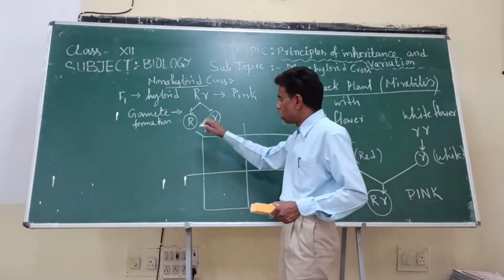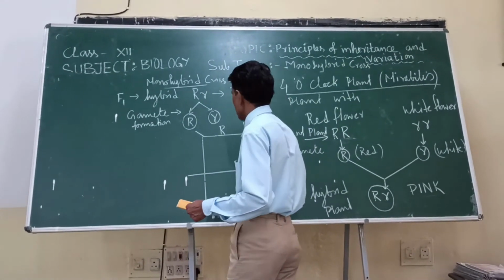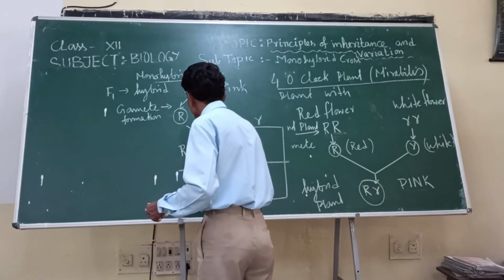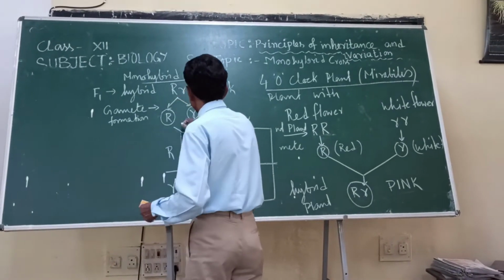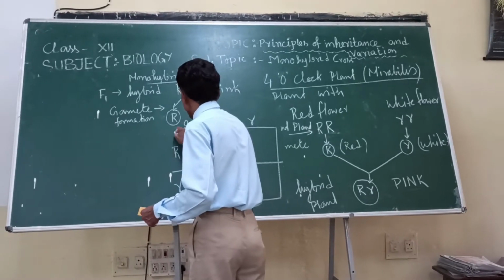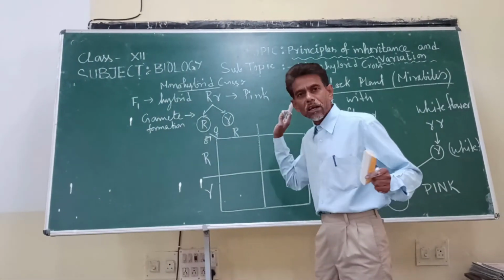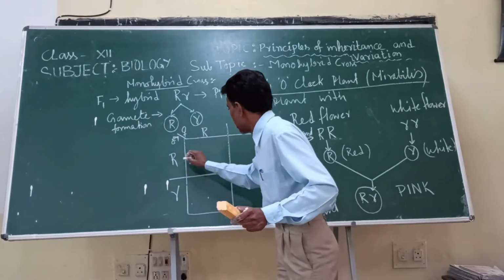So what were the gametes? Capital R, small r. Here also capital R, small r. This is for the female gamete, this is for the male gamete. Okay, is that clear? So now crossbreeding.